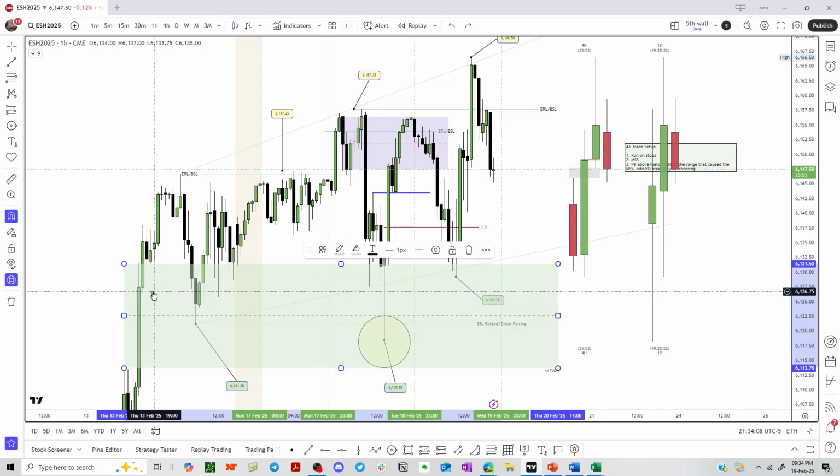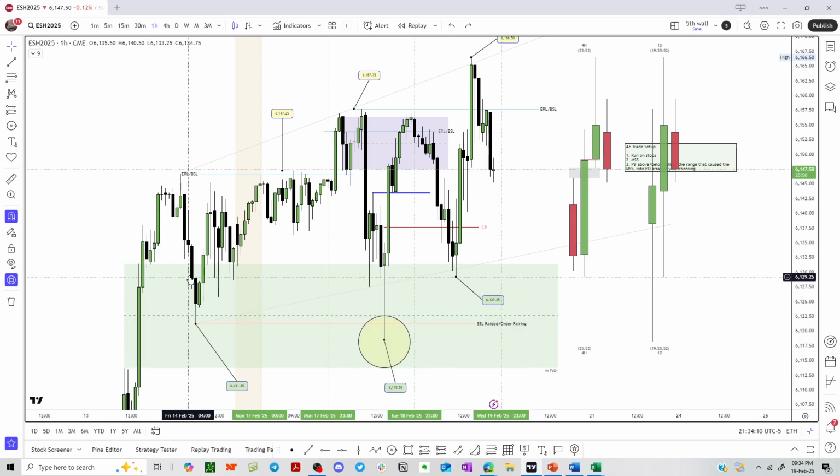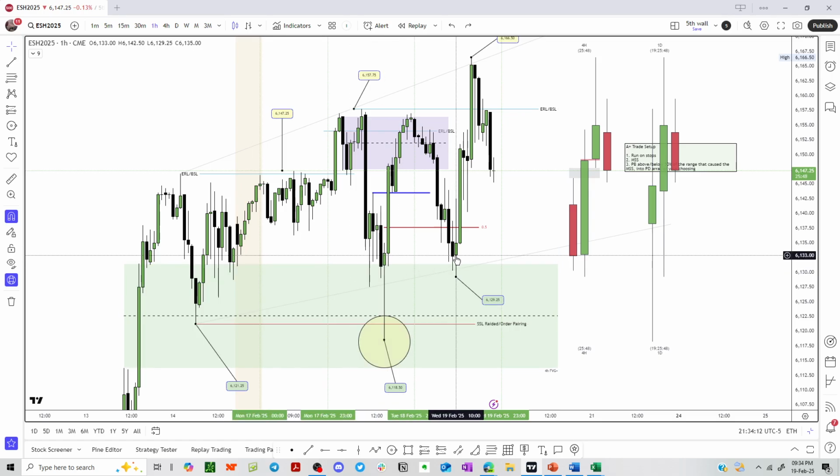But you have a balanced price range here, which the bodies of the candles are respecting. The wicks are doing damage though, but if you didn't trust this setup, then that's fine too. But your stop loss, he was doing optimal trade entry long here. Your stop loss is down here. Apologize, on this time frame.